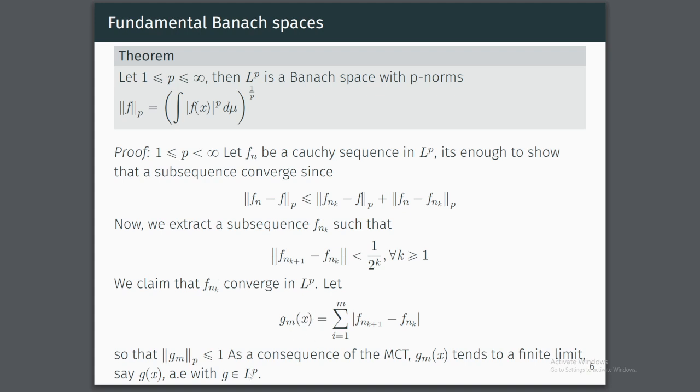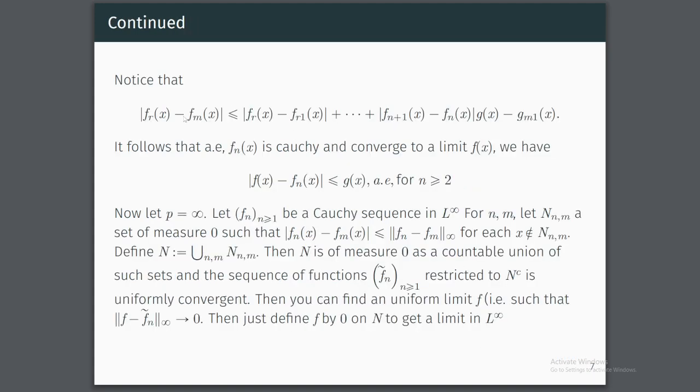That's why we pick gm, because the difference between fm and fr is going to be less than gm minus gm plus 1. Because this is a Cauchy sequence in R, which is complete, it converges to a limit f of x, and we have this estimate almost everywhere. Because this is true, you can just use dominated convergence. f is going to be LP, and things work out.